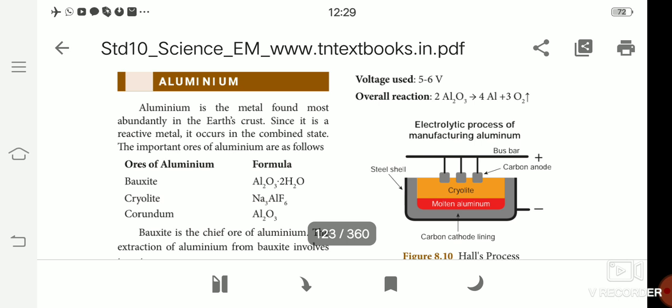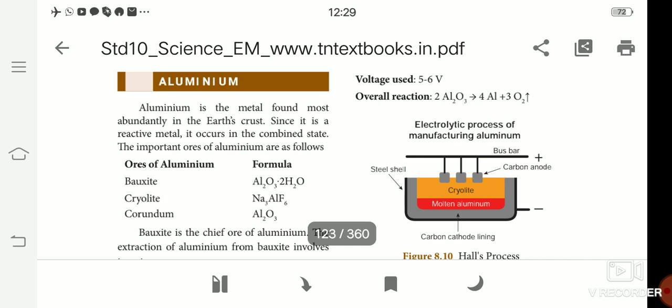Al2(SO4)3. Then aluminium reacts with 6H2SO4, and the product is Al2(SO4)3, with water molecules and sulfur dioxide gas evolved.